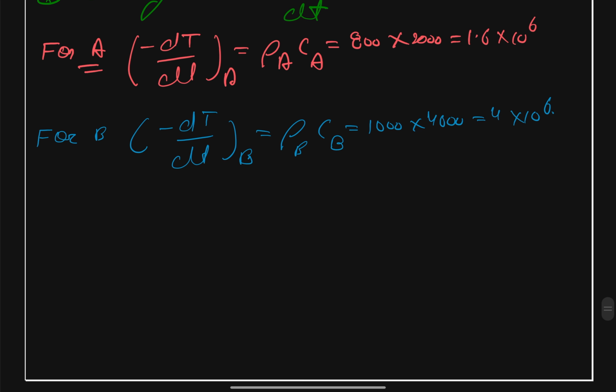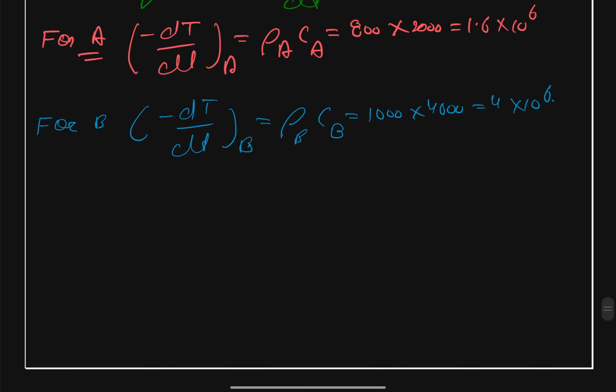Therefore, we can say that the product for B is greater than the product for A, and because there is a negative sign associated, that will be giving us a reverse of this.